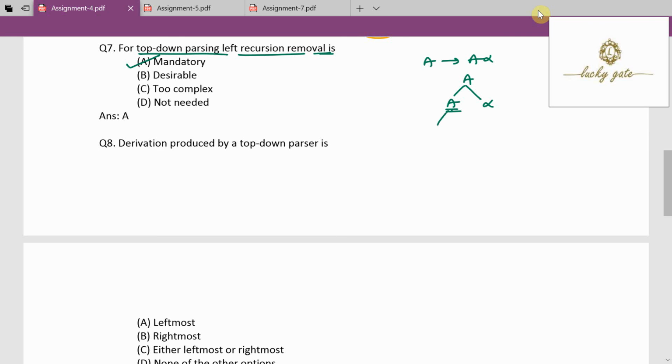Its production is A tends to A alpha. Again the leftmost non-terminal it has to replace, again A tends to A alpha. So here the tree is growing to the left continuously, so handling such grammars is difficult. That's why top-down parsing requires left recursion to be removed mandatorily. So the answer for this question is option A.